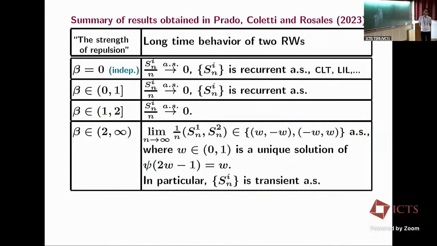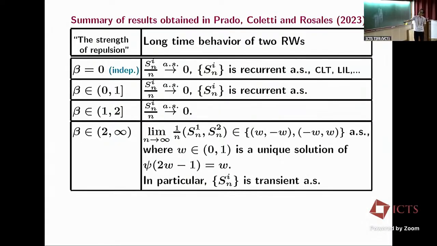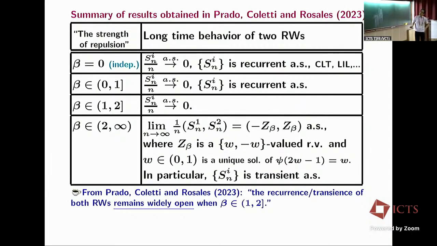The limit is random, but this random limit has two possible values, W or minus W. And this is a quote from the paper: the recurrence ranges of both random walks remain widely open when beta is between 1 and 2.